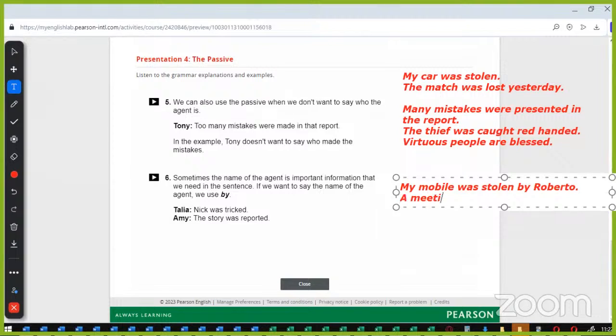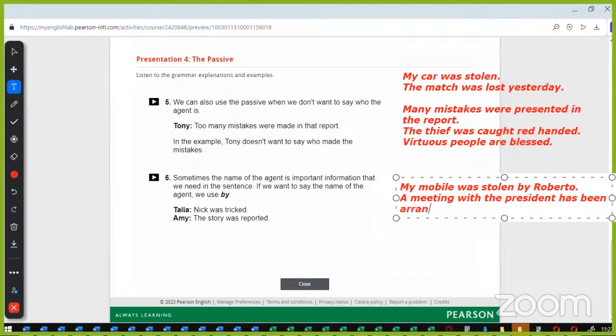Or a meeting with the president has been arranged by his advisor. Okay, in these cases, we need to say, or we want to say who the agent is.